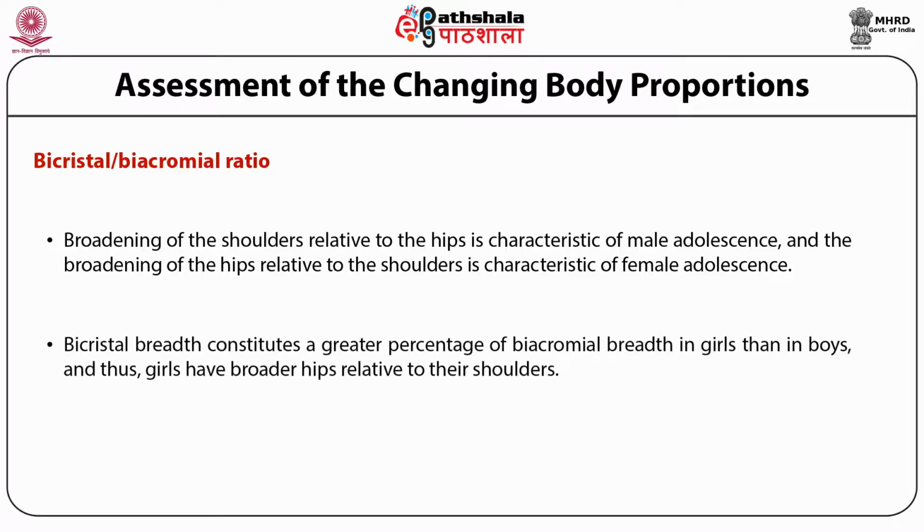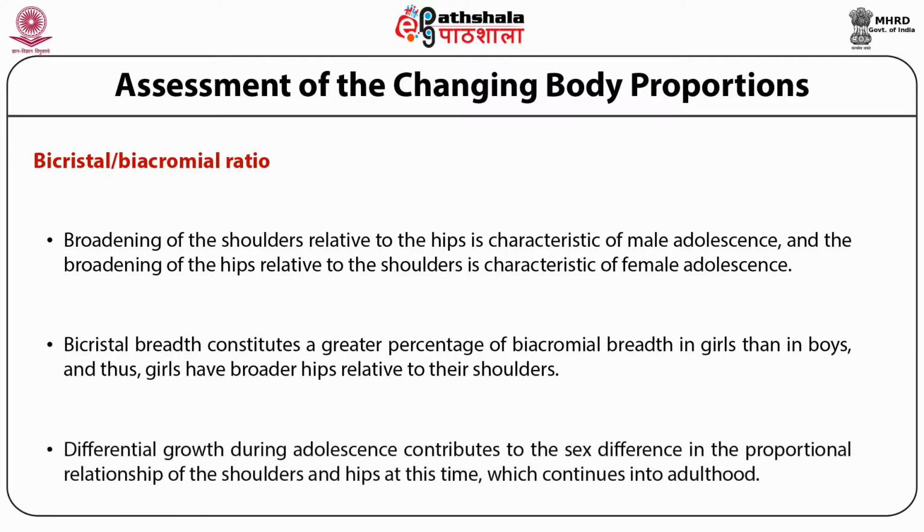Bicristal breadth constitutes a greater percentage of biacromial breadth in girls than in boys, and thus girls have broader hips relative to their shoulders. Differential growth during adolescence contributes to the sex difference in the proportional relationship of the shoulders and hips at this time, which continues into adulthood.